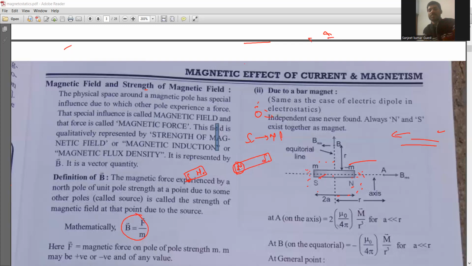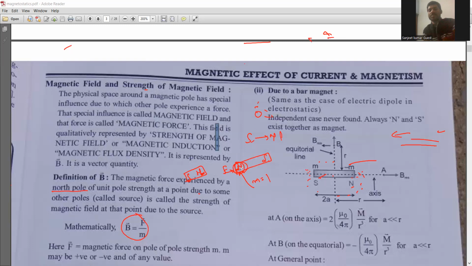Now suppose this point is feeling a force F because of this magnet. The magnetic force experienced by a north pole of unit polar strength at a point due to some other poles means the value of m is equal to 1 for this pole.